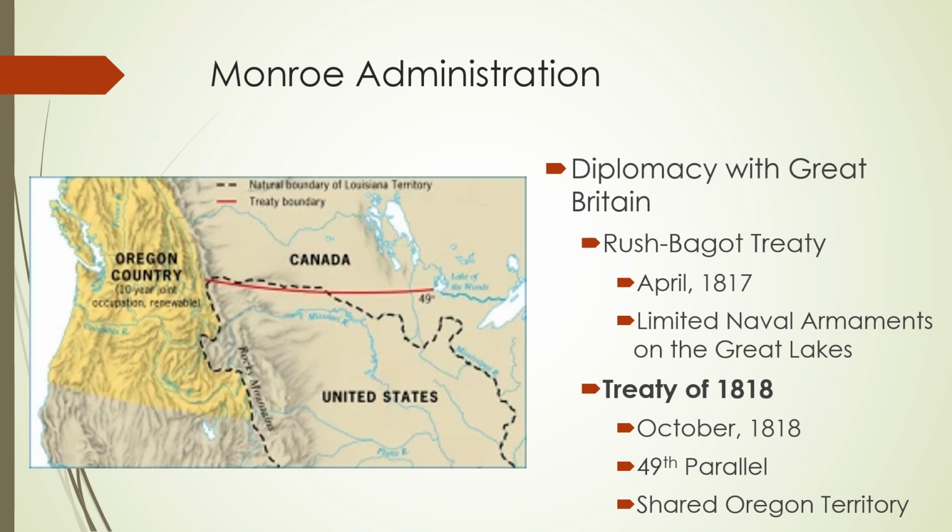All right, so when you think of the Oregon territory, don't think of just our modern day state of Oregon. This would be like Oregon, Washington, and then parts of Canada, like British Columbia. So all of that would be the Oregon territory, and it belongs to both the United States and Great Britain. We will see later how that boundary eventually gets defined.